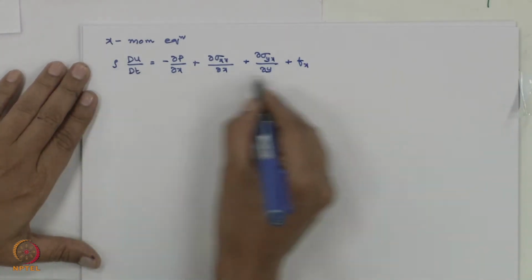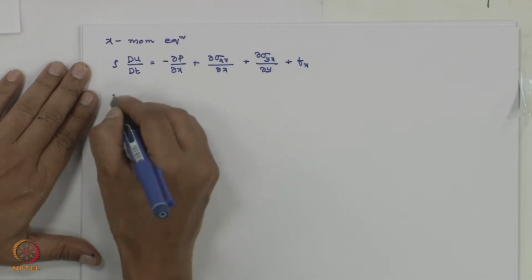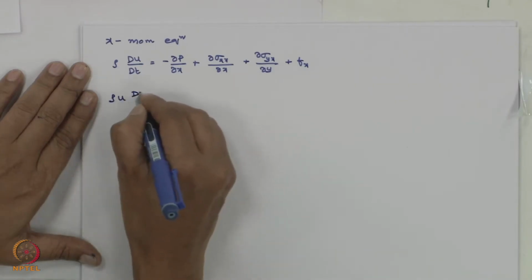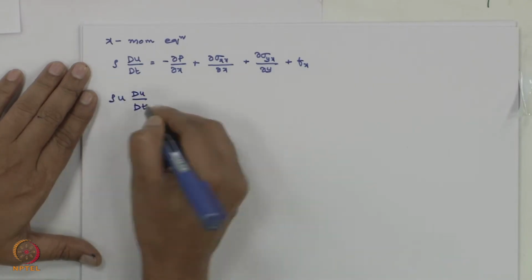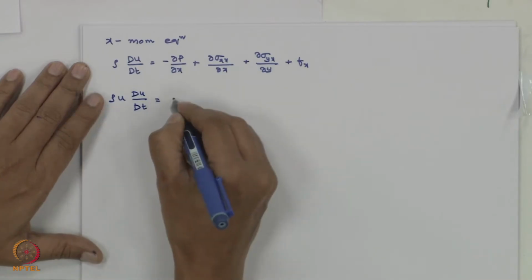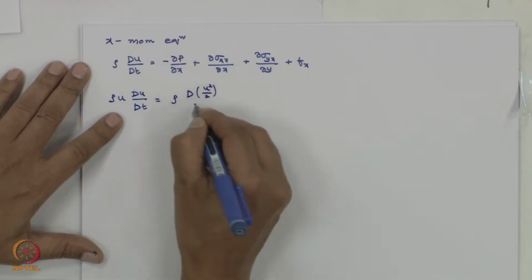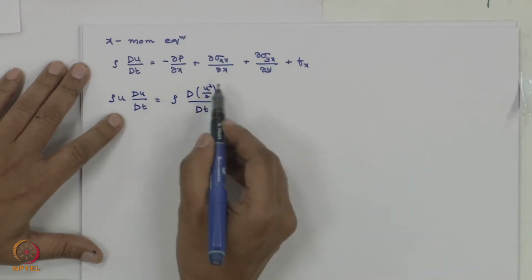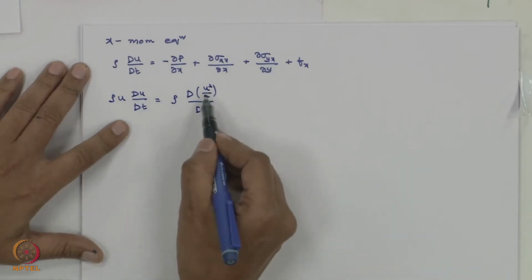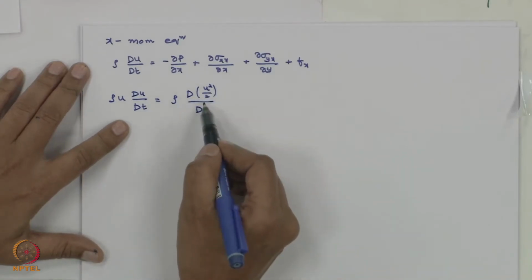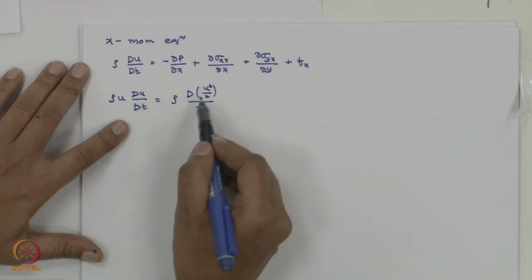Because that helps me. Now you multiply this with u: rho u du by dt is equal to, I can rewrite this, you see, rho d u squared by 2 dt, it is the same. If I differentiate this, I get u du by dt, correct, because the 2 gets cancelled out.